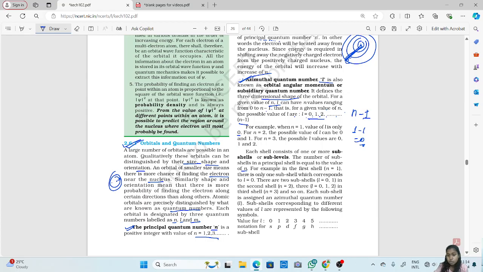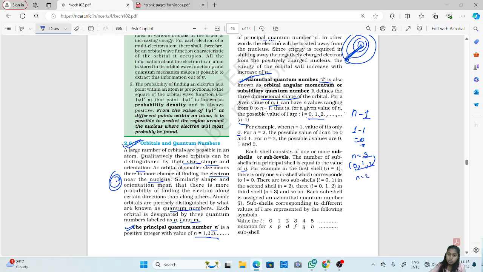In the third shell, where n equals 3, l is equal to 0, 1, 2. So if n is 3, you have 3 subshells: 0, 1 and 2.